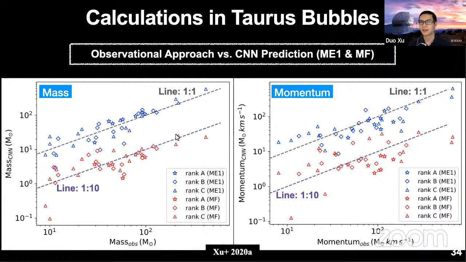That indicates the actual mass, energy, or momentum is decreased by a factor of 10 compared to the previous estimation. So the conclusion about whether energy or momentum is able to compensate the dissipation of turbulence may not hold anymore.